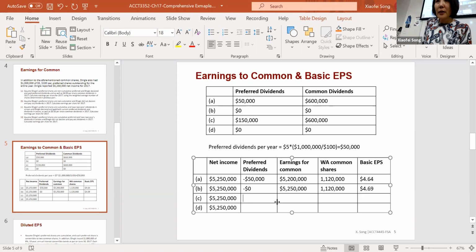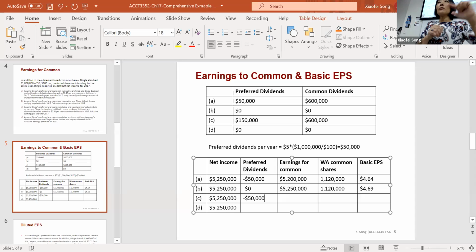Next, the preferred shares are cumulative and 3 years dividends were paid, 2 years for dividends in arrears, 1 year for current. So that's dividends paid is 150, but we only need to subtract 50,000 because it's cumulative. We're not missing anything because in the previous 2 years, when the company did not declare and pay dividends, when they computed earning per share, they also subtracted 50,000.